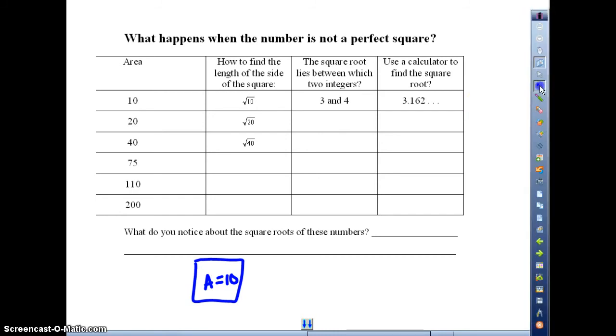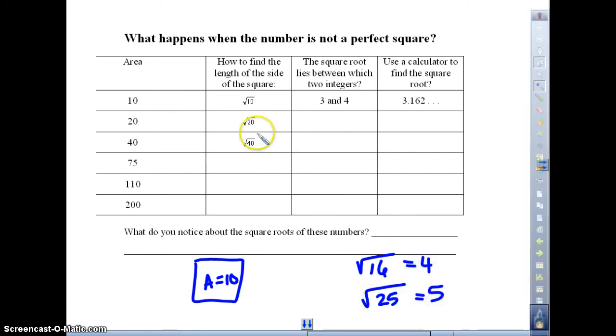Okay, the square root of 20. I know the square root of 16 equals 4, and I know the square root of 25 equals 5, so the square root of 20 falls between the two, so it's got to be between 4 and 5. So I want you to write 4 and 5. The square root lies between 4 and 5.